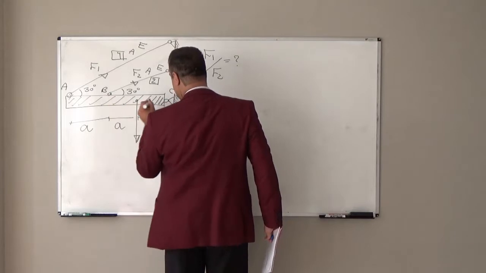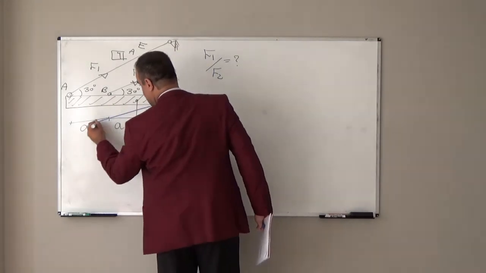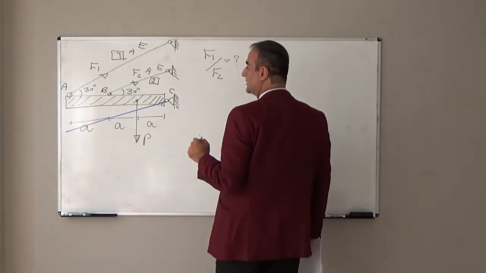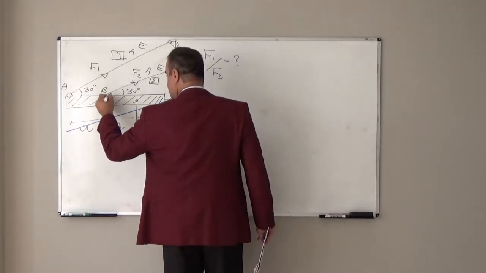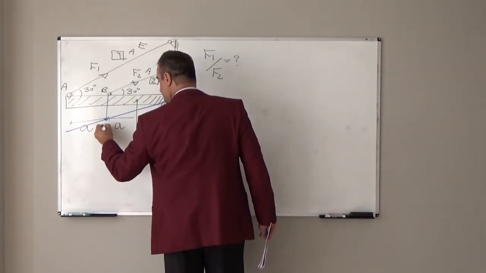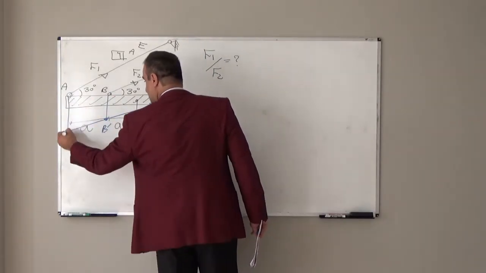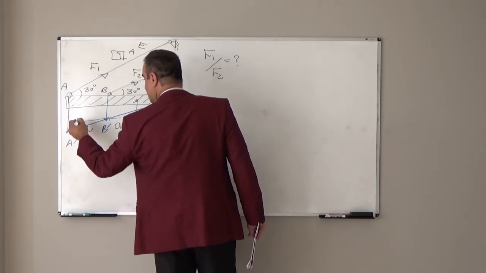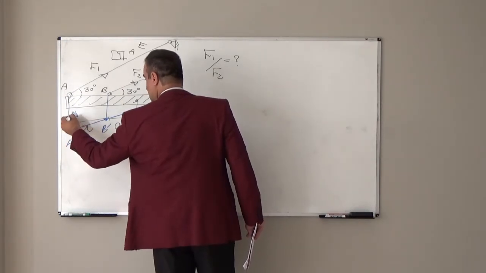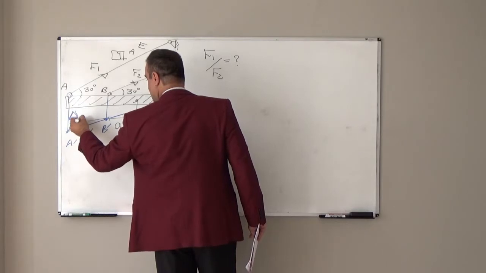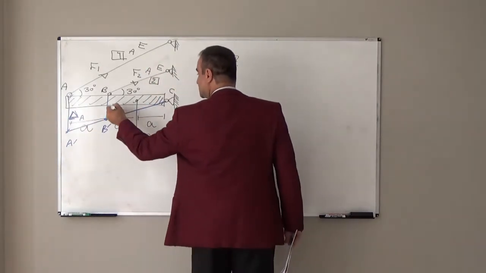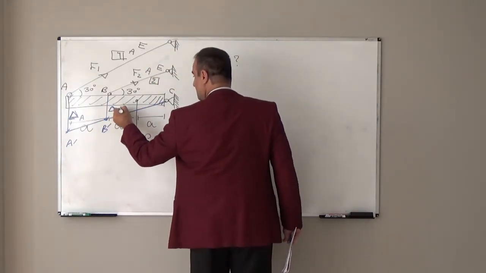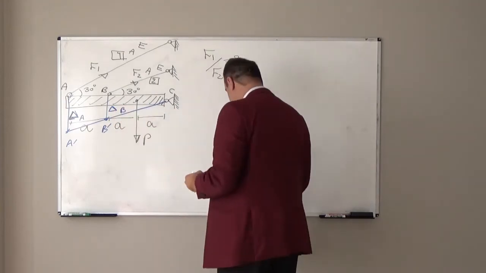This member will rotate with respect to C, and it will deform like this. So point B will come to point B prime, point A will come to point A prime. This will be the deformation for point A, I show with delta A. This will be the deformation for point B, I show with delta B.